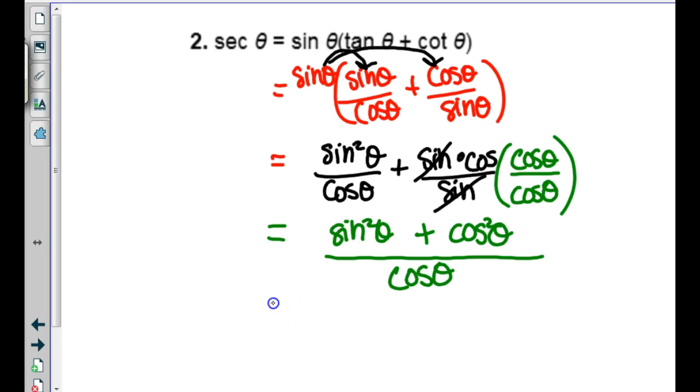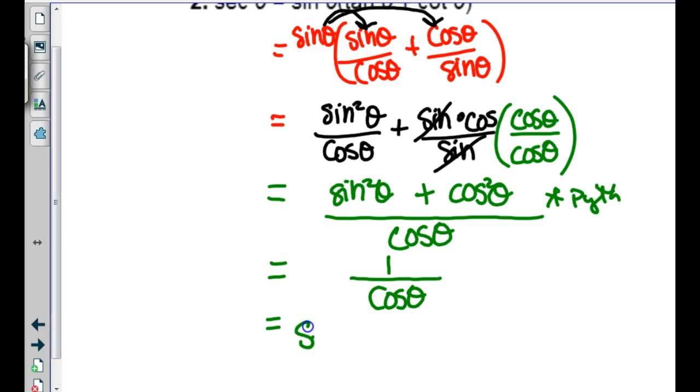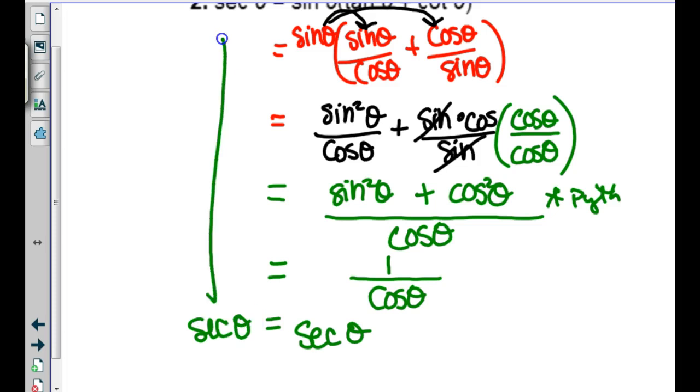And then what? Okay, so this is a Pythagorean identity. And you don't have to label that. I'm going to assume you got that from the sheet and you know that. All right. And then 1 over cosine is the definition of secant. So we wound up with this side equaling this side.